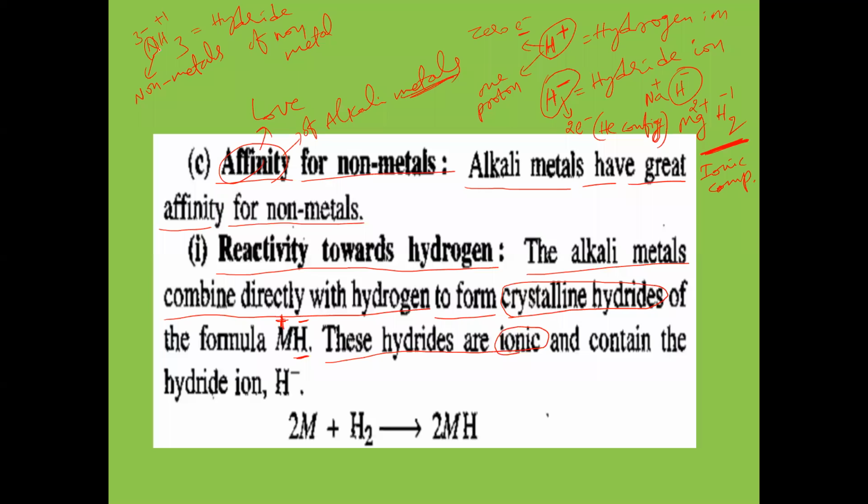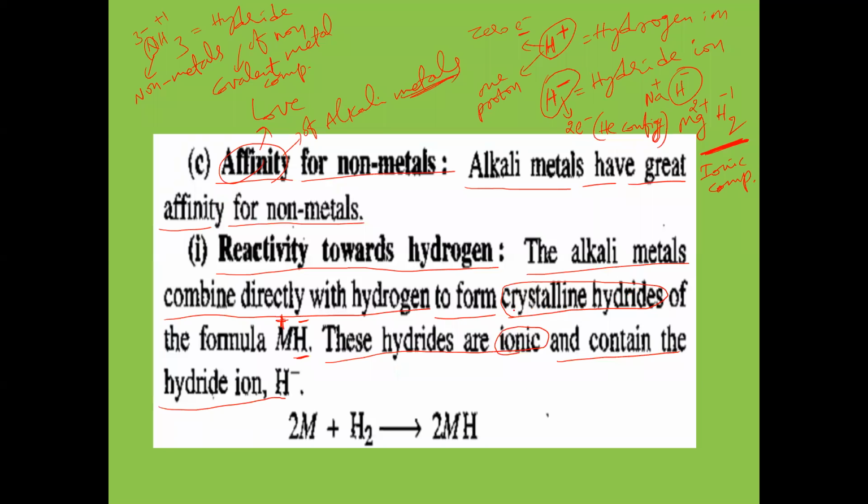But this hydride of ammonia, hydride of nitrogen, is covalent. Covalent compound is the hydride of non-metal. But the hydride of metal is an ionic compound and contains the hydride ion, H minus ion.